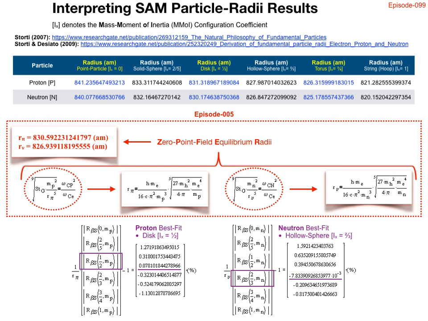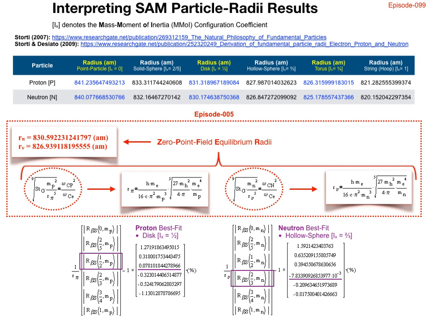In the case of the proton, the best fit occurs when I sub x equals a half, such that the deviation from the experimentally verified benchmark is less than 0.08%. In the case of the neutron, the best fit occurs when I sub x equals 2/3, such that the deviation from the experimentally verified benchmark is less than 0.008%. Now that we have reviewed the results obtained in episode 99, we can embark upon our quark radii solution.